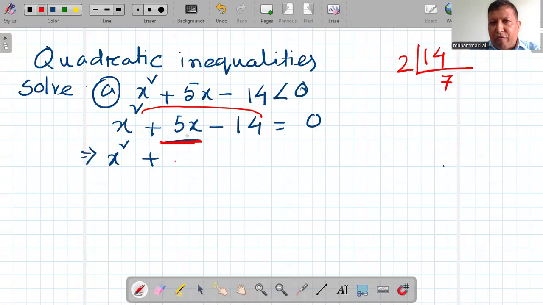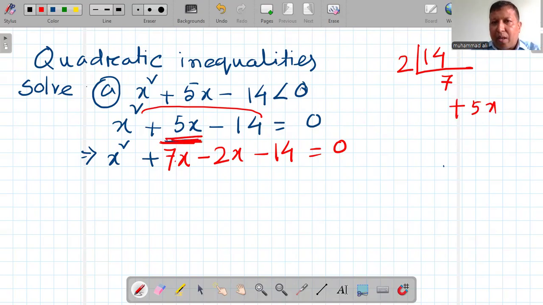So instead of 5x, we write plus 7x minus 2x minus 14 equals 0. You check, plus 7x minus 2x gives 5x, and their product will be minus 14x squared.